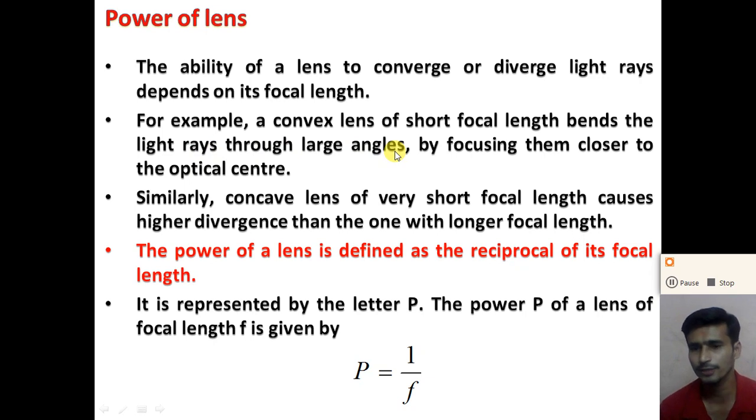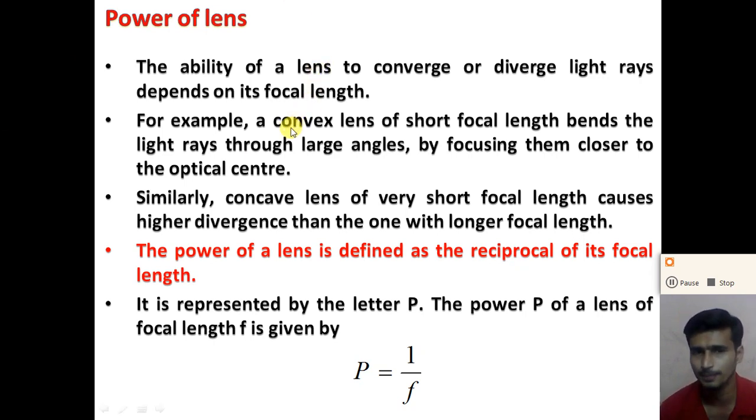If we consider a convex lens having a very short focal length, that means the focal length is less, the rays of light bend more, through a very large angle, so they get converged more at one point.